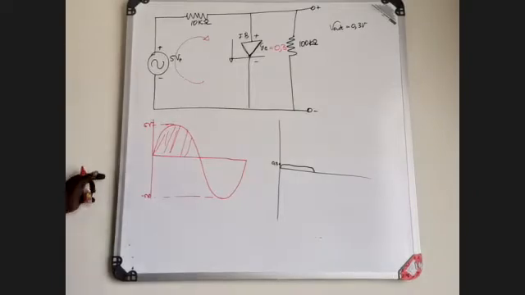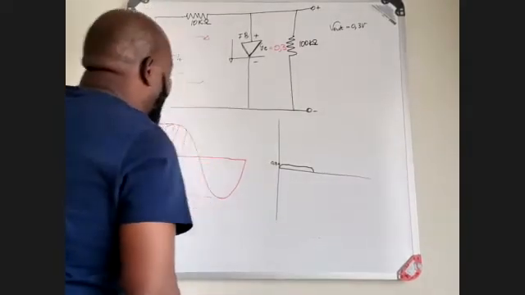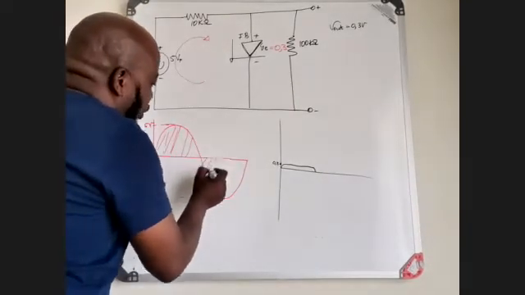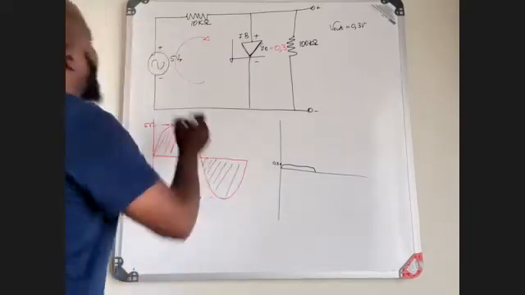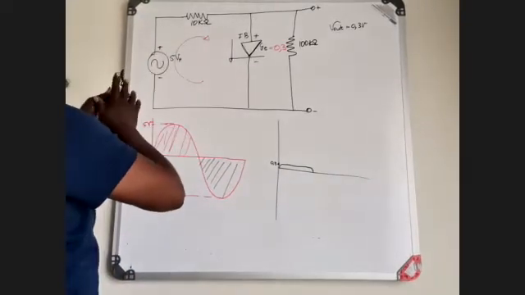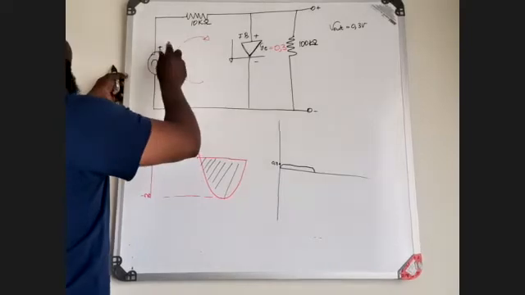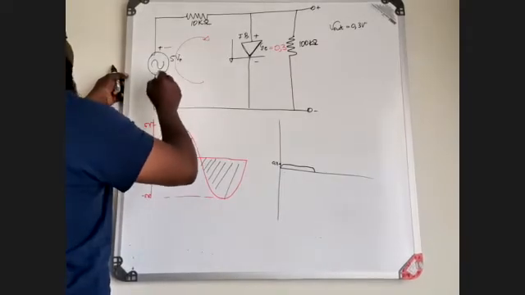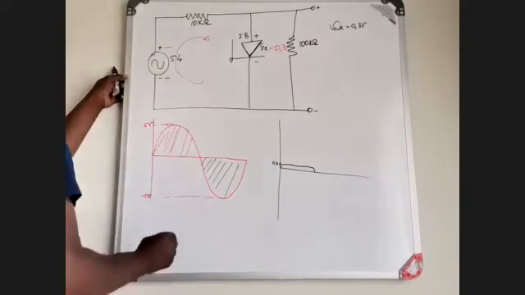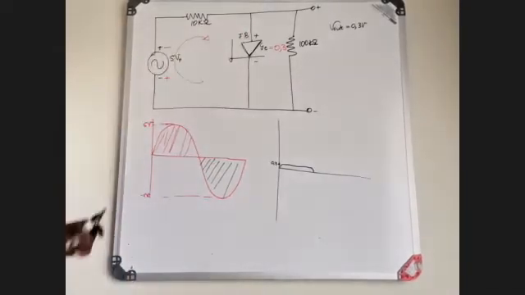Then from there, when this signal interchanges, here you no longer have positive, you have negative, and there you no longer have negative, you have positive, which means now your current is flowing in that direction.